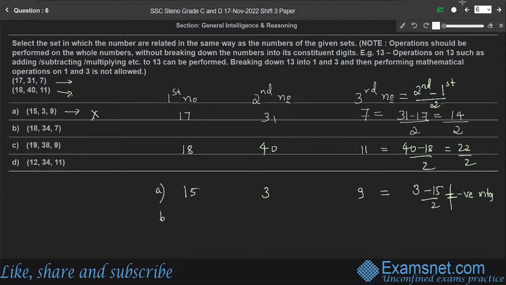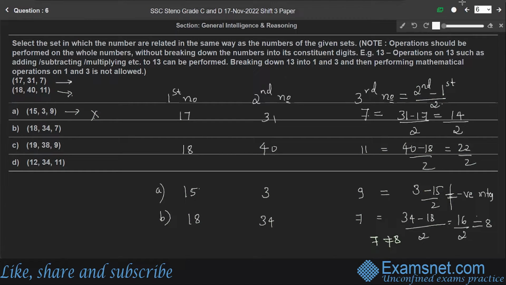We'll consider option B, 18, 34 and 7. According to the logic, 7 should be equal to the second number 34 minus the first number 18, by 2. So 34 minus 18 is 16, 16 by 2 is 8. So 7 is not equal to 8, right?